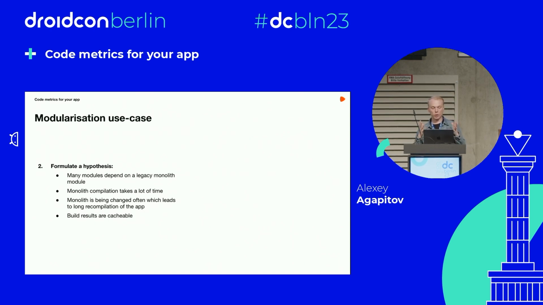And so the cost of having this monolith in the app is that, first of all, on its own, it takes a lot of time to compile. But if you have a lot of modules which depend on this monolith, they also need to be recompiled every time it changes. So whenever the monolith changes, a huge chunk of the app needs to be recompiled.